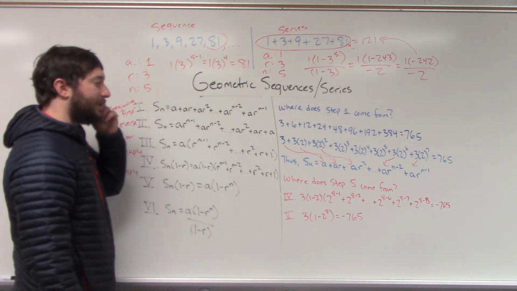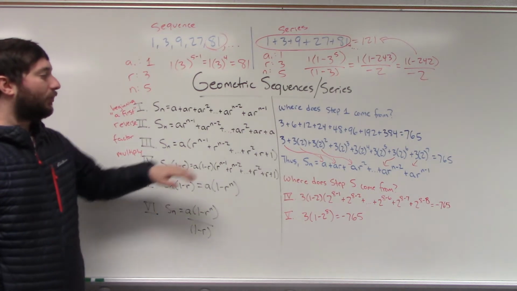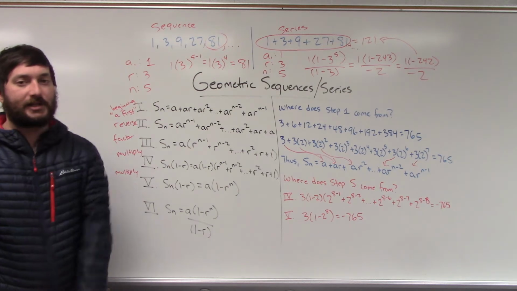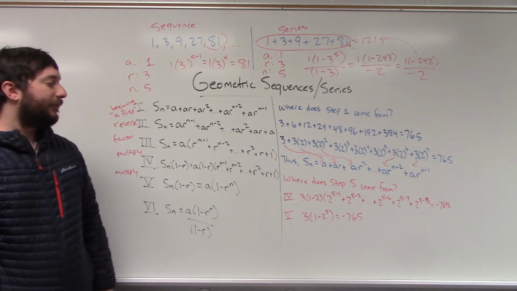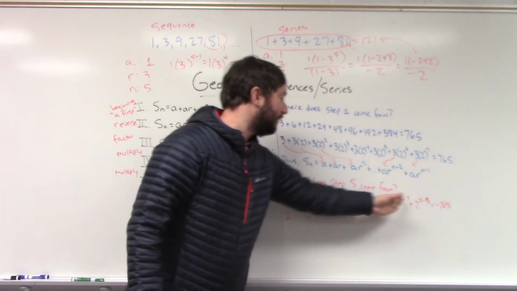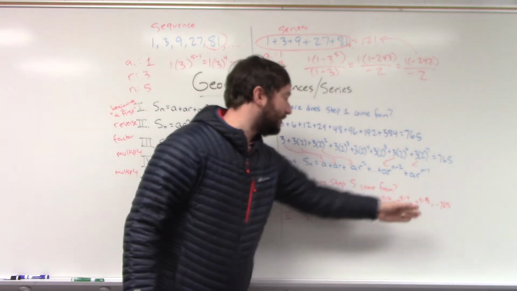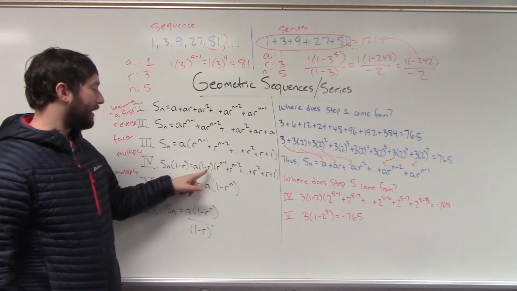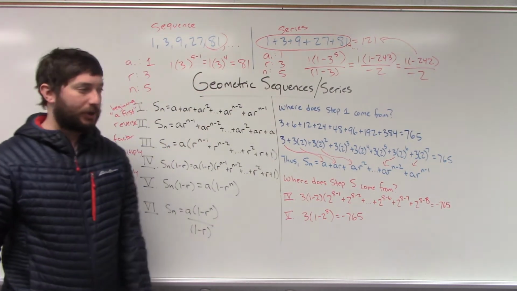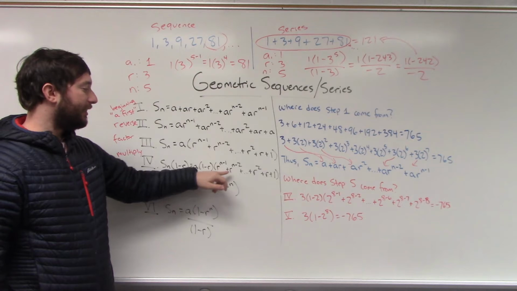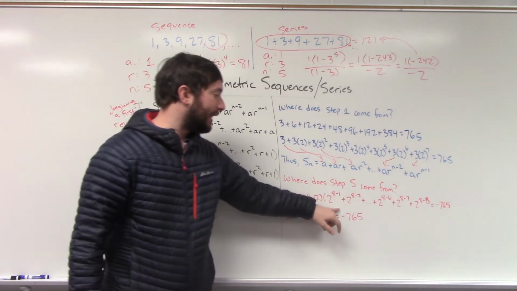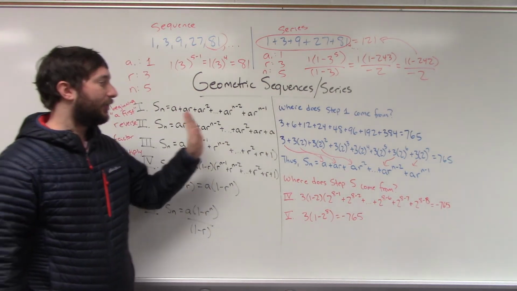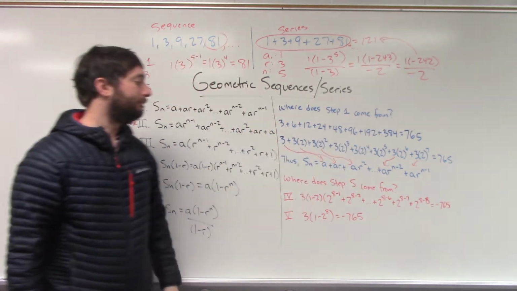Now that might be hard to see, so what I did was went back to my example over here and wondered, okay, where does this step 5, where does this right-hand side come from? And it comes from the fact that if we add up all of these separate numbers that we see here, right? You have A, your initial. 1 minus R would be 1 minus your ratio of 2. And you have these numbers that are popping up in the parentheses, right, where N is 8, because you had 8 terms that you started with in your original problem.